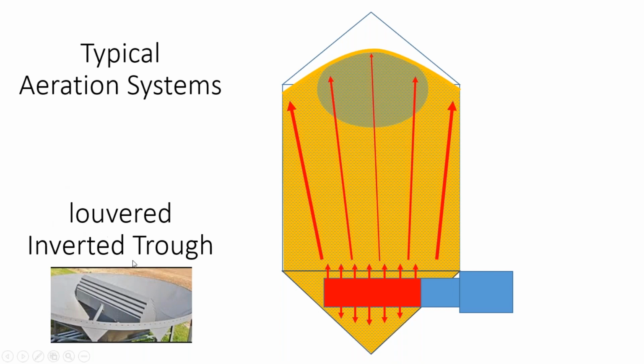Here's the louvered inverted trough, and again, you can see that what they've done is they've added some louvers on top, so that introduces a path for air to exit the top of your air delivery system, and that adds significantly to the efficiency.